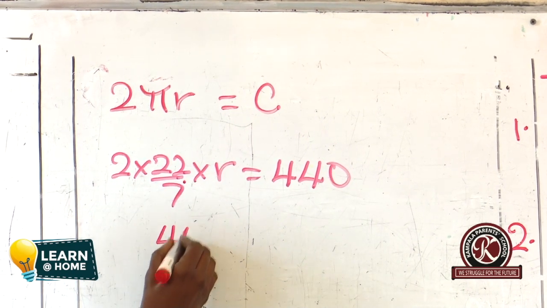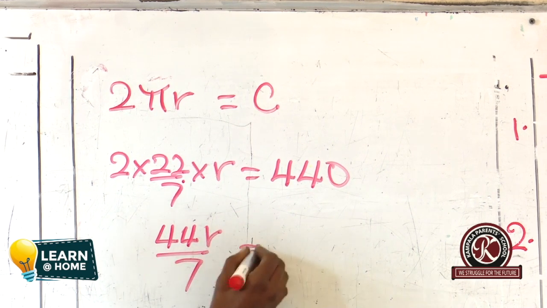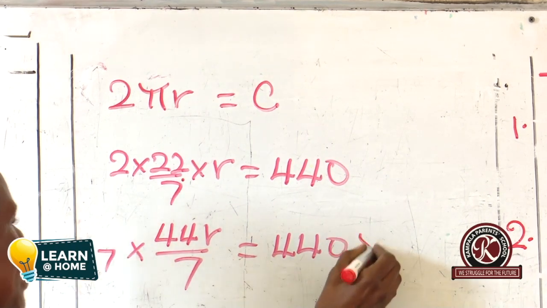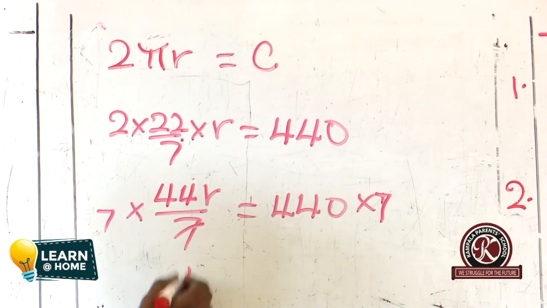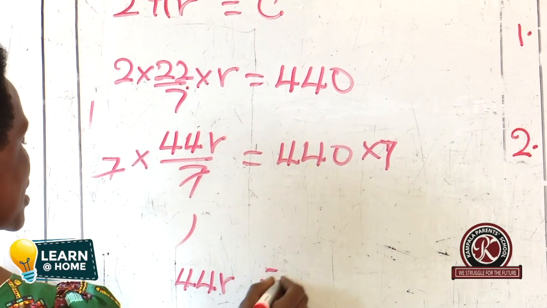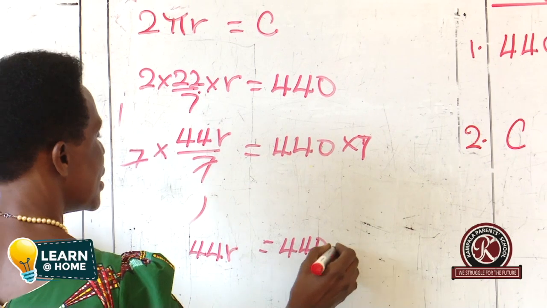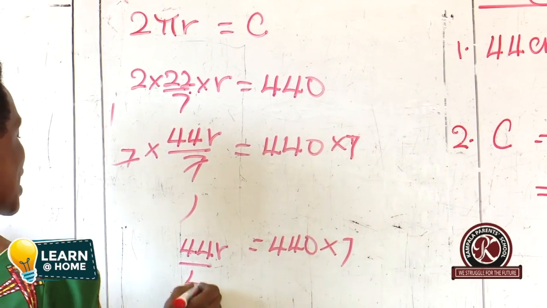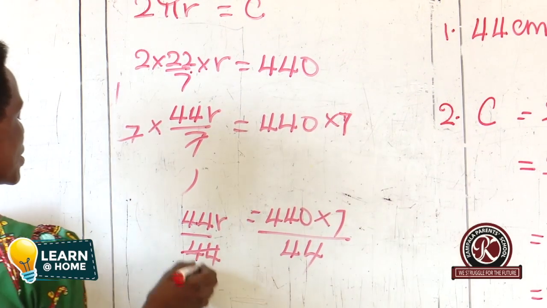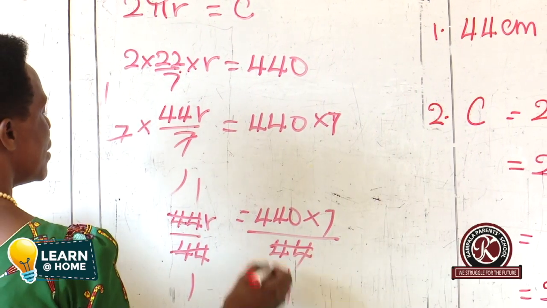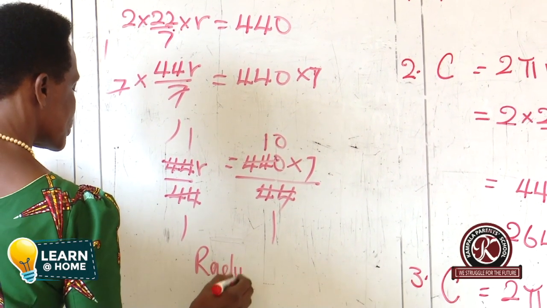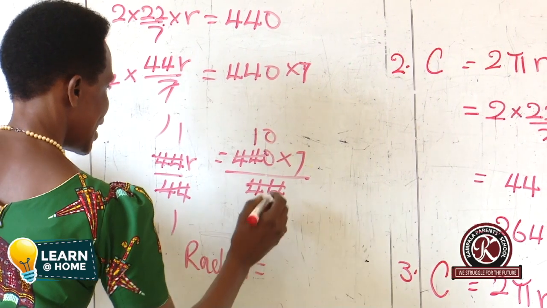We have 44r out of 7 is giving us 440. Multiply both sides by 7. Here ones, here ones. So we have 44r is giving us 440 times 7. Divide both sides by the coefficient of r, which is 44. Cancelled here ones, here ones, here ones, here 10. So our radius is 10.